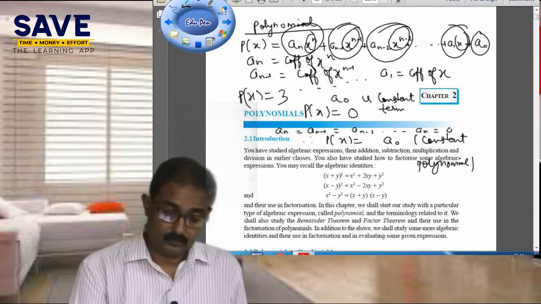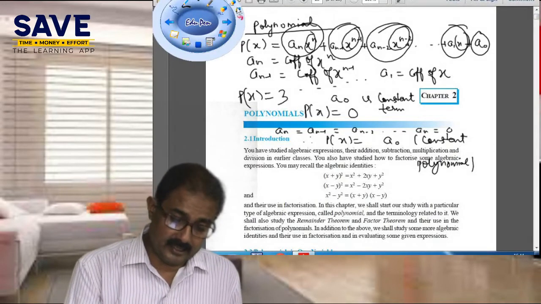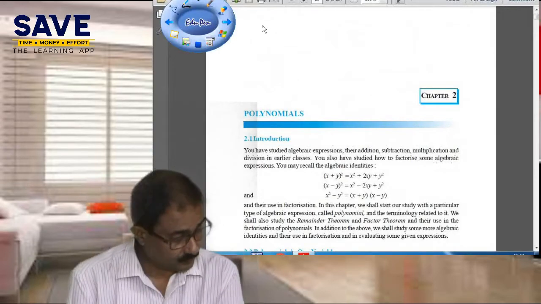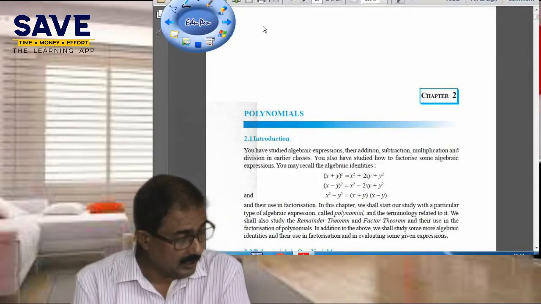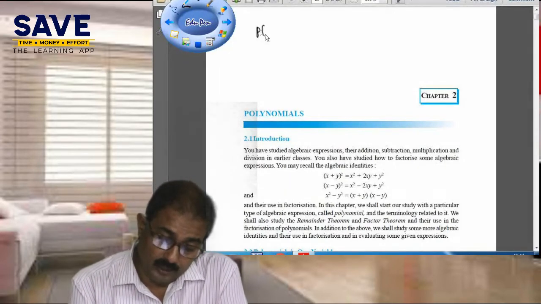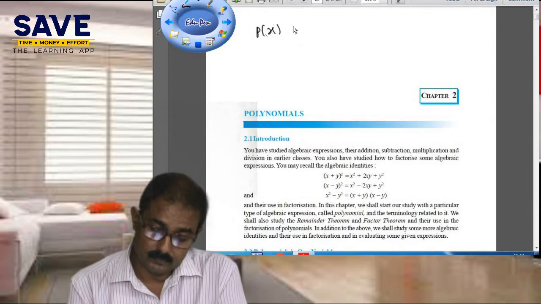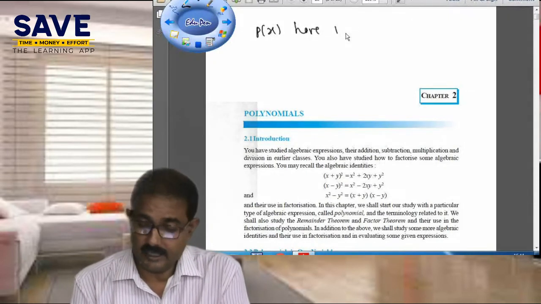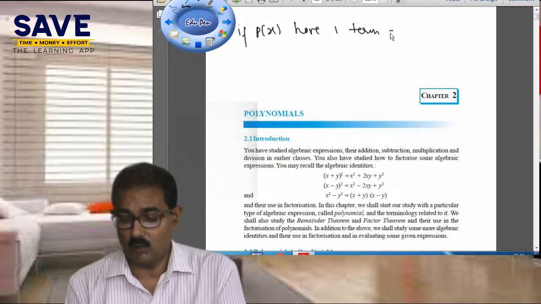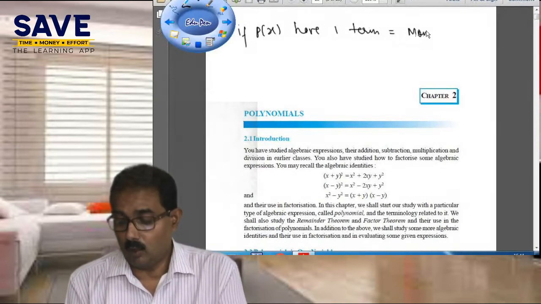Now after that, we have types of polynomial. If the polynomial has only one term, केवल एक ही term हो, then it is known as the monomial.